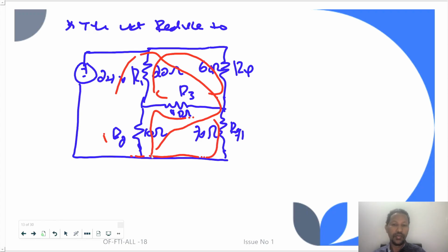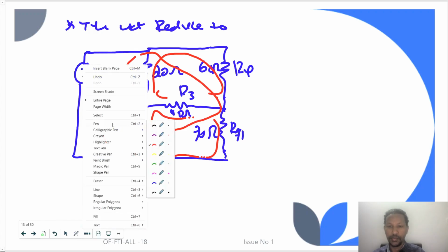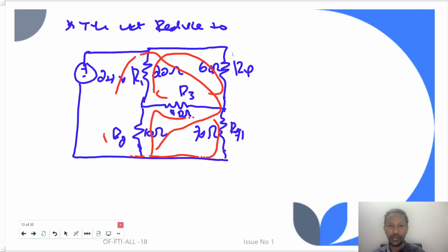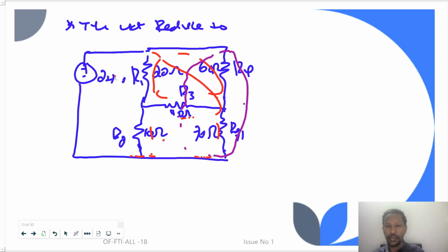Or we can use this network, which can also be considered to be the star network or the Wye network. So we can use either of the four configurations.